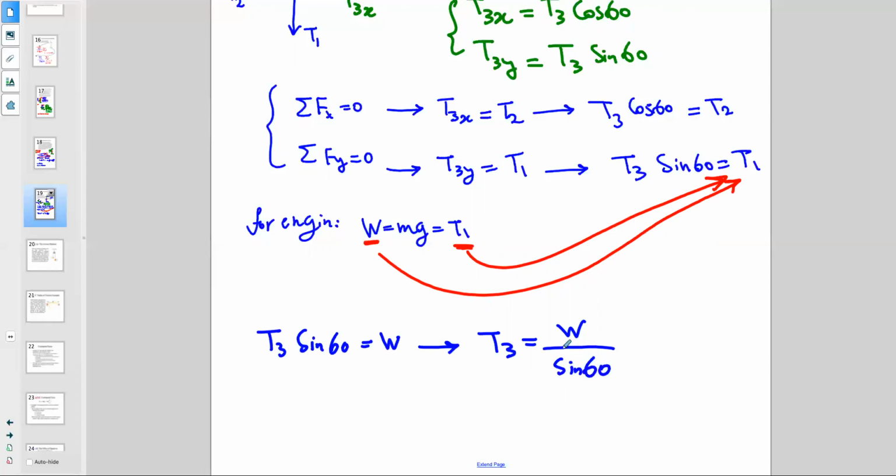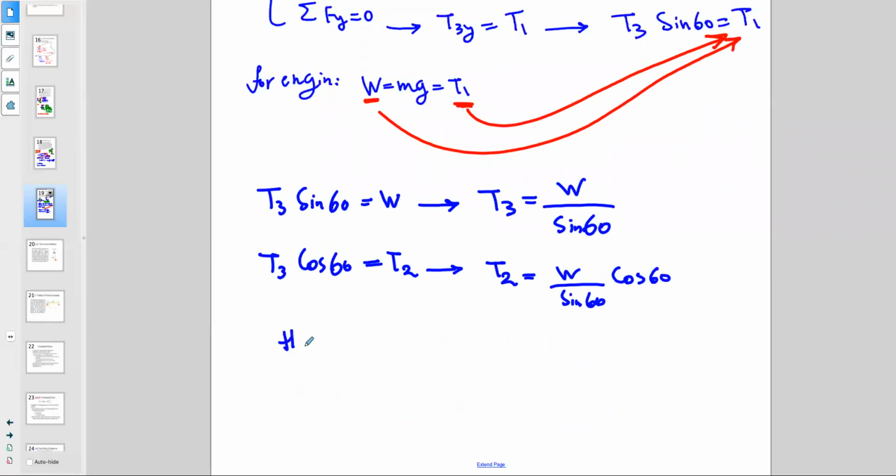Okay, once you do that, now you have T3, then you can use this T3 and put it right there to find T2. So T3 cosine of 60 is T2. In other words, if you want to find T2, you have T3, which is W over sine of 60, times cosine of 60.